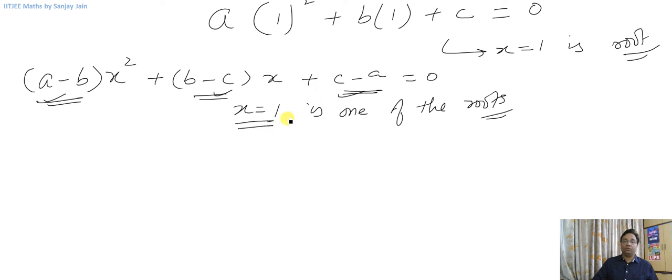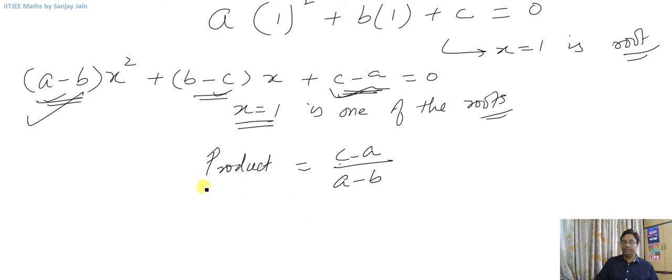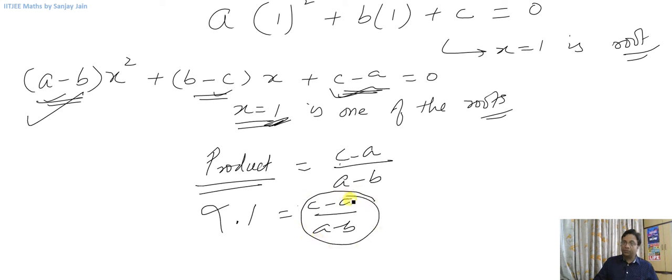And what about the other root? You know that the product of roots is c minus a divided by the coefficient of x square, that is a minus b, right? So if the other root is, let us say, alpha, we already know that one of the roots is 1, so the product of roots is c minus a by a minus b. This means the product of roots is itself the other root, because the 1 here can be cancelled.